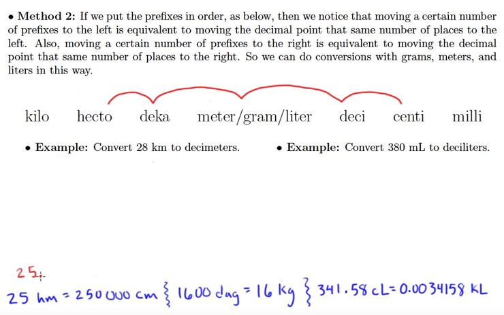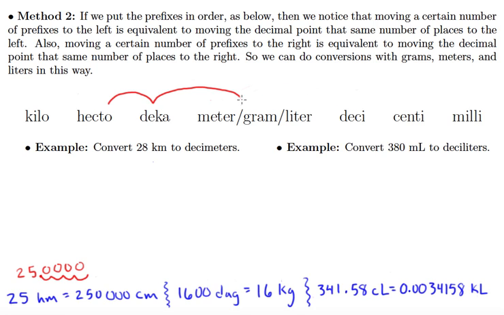Because the decimal point in 25 is to the right of the 5. If I do that same thing, move it to the right 4 places, just like I did in the chart, I end up with the number of centimeters that is equivalent to 25 hectometers. Okay, and we'll see if this holds for our other 2 examples below.